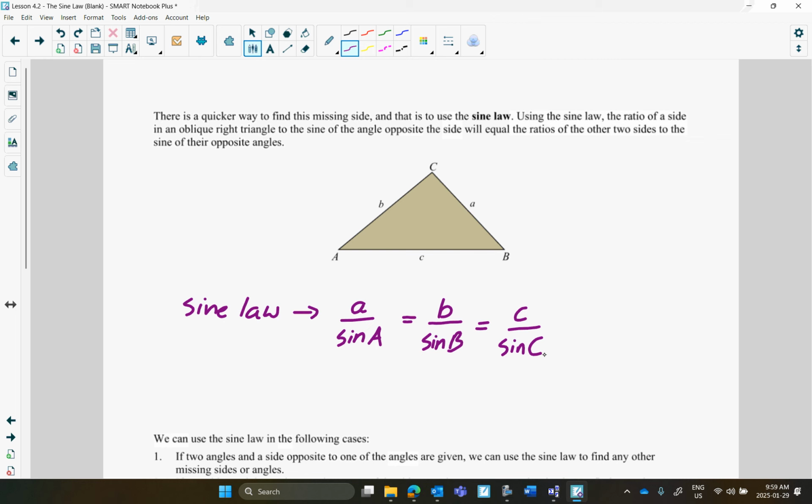Sometimes you see these things flipped. So sine A over little a equals sine B over little b equals sine C over little c, it's the same thing. Okay?